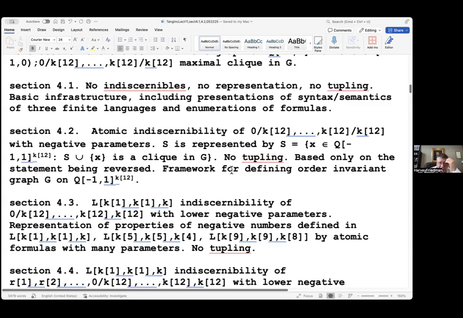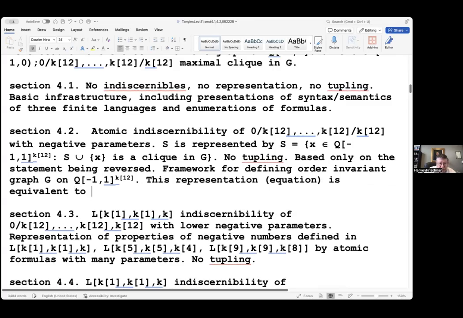Unless I'm screwing up here, this statement, this equation, this representation is equivalent to saying that S is a maximal clique. I guess that's right. Okay. So this is a very nice situation.